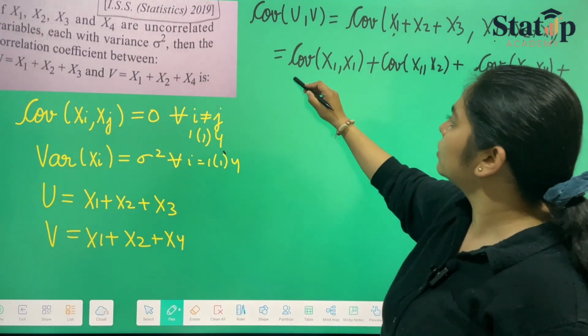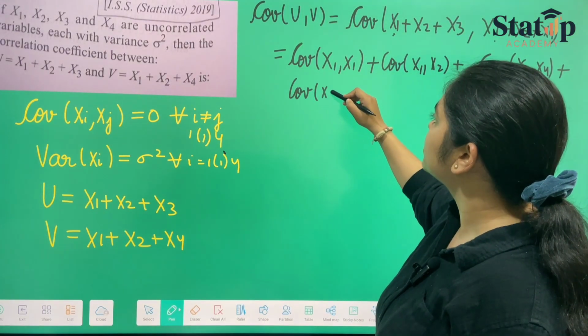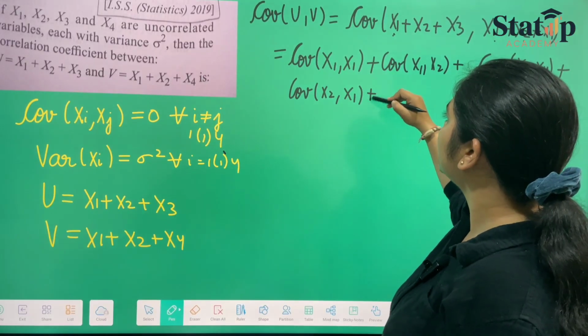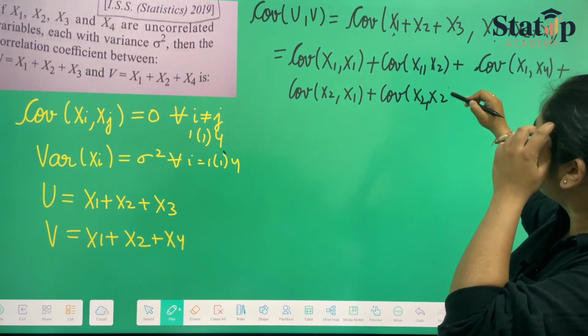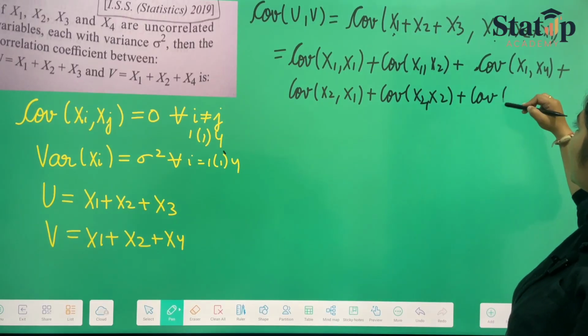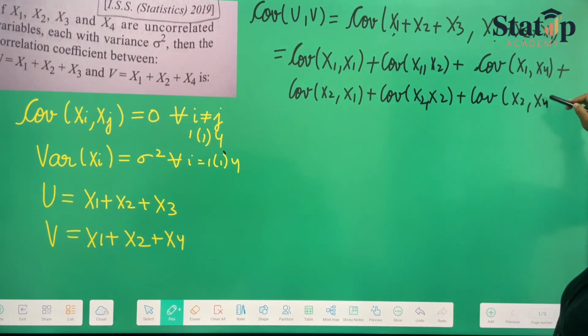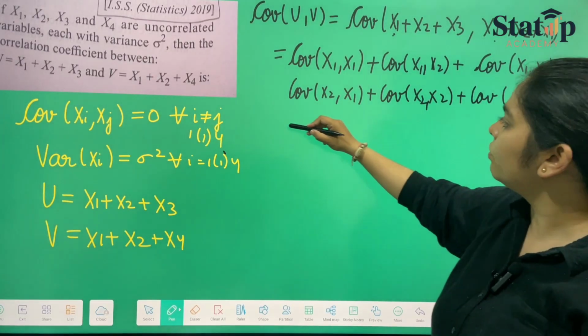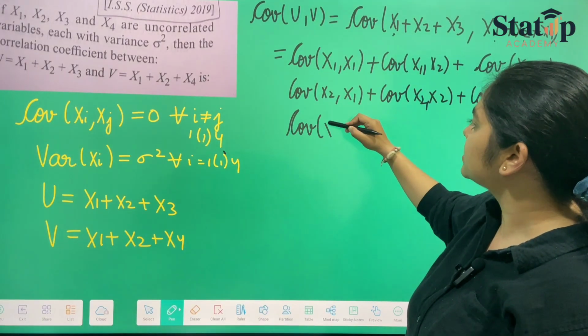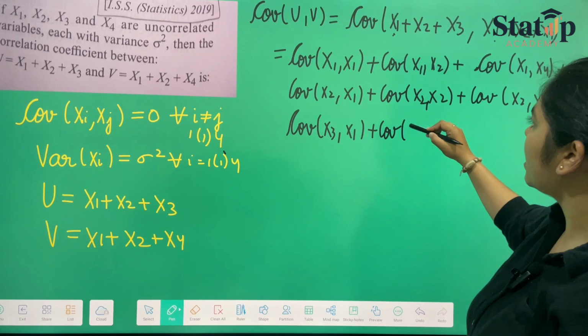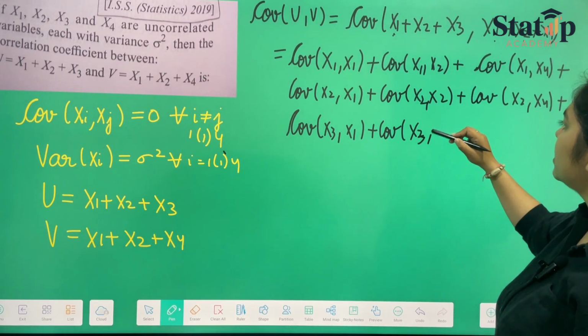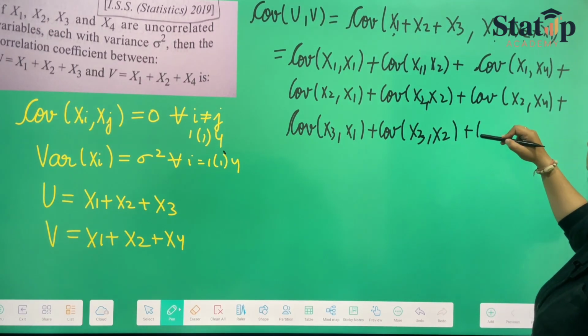Plus the second one, covariance between x2 and x1 plus covariance between x2 and x2 plus covariance between x2 and x4. Then again, covariance between x3 and x1, covariance between x3 and x2, plus covariance between x3 and x4.